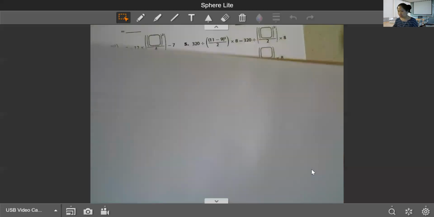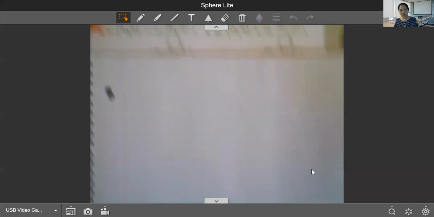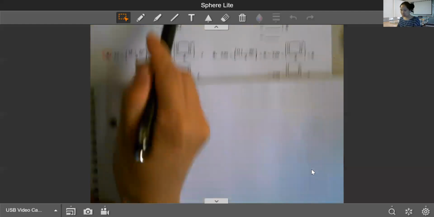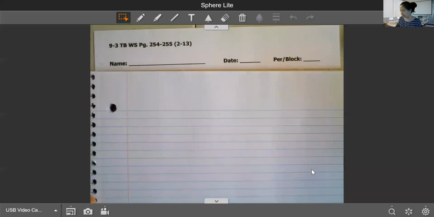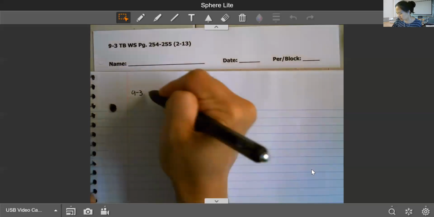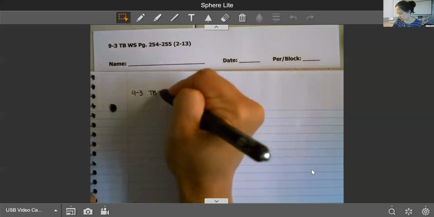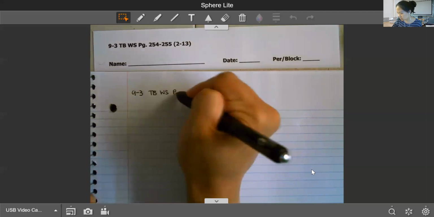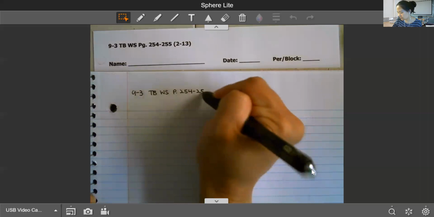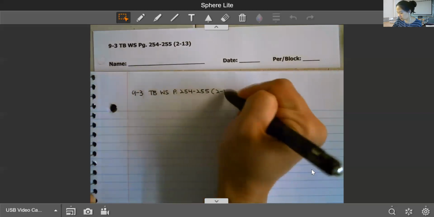I am going to start by writing down the homework heading. Remember, you need to write the entire homework heading. So I'm going to copy this down right here: 9-3, textbook worksheet, page 254 through 255, numbers 2 to 13.